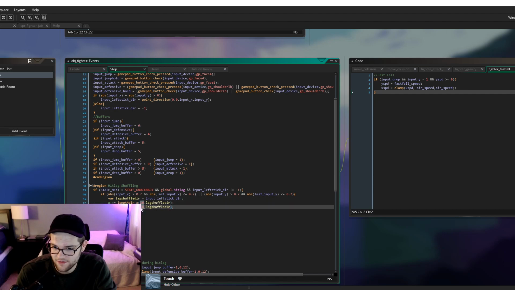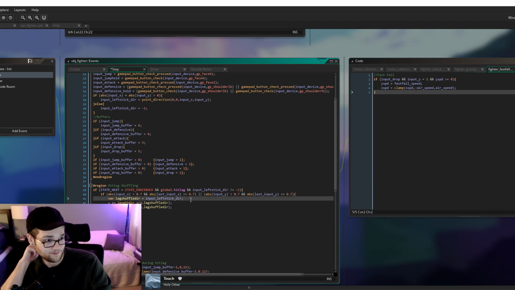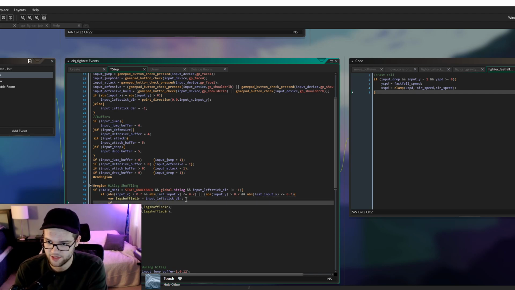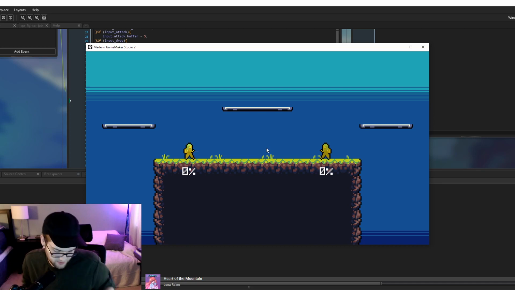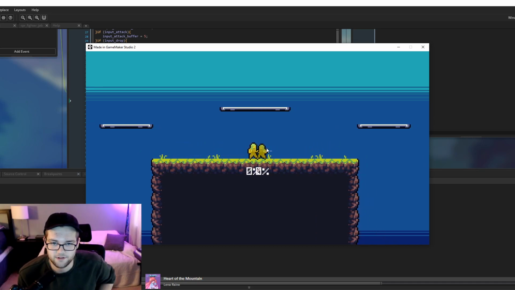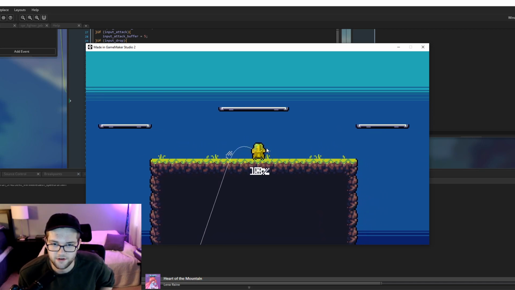Let's massively reduce our SDI amount, and then we need to add collision checking, which I'm going to do in the most easy to understand way possible. Alright, this is going to be a lot less noticeable. And there's collision checking, so I shouldn't be able to SDI into the ground.